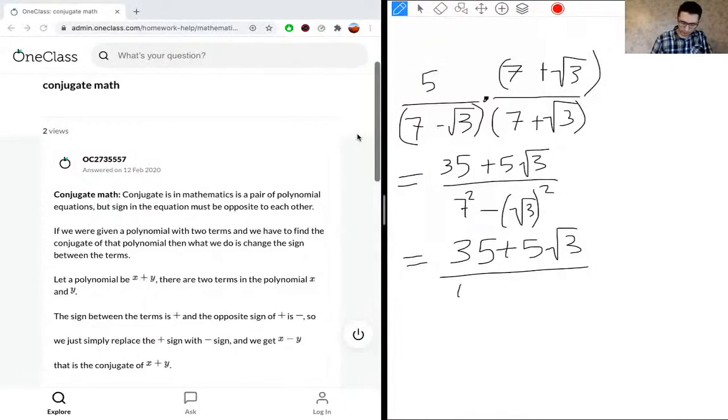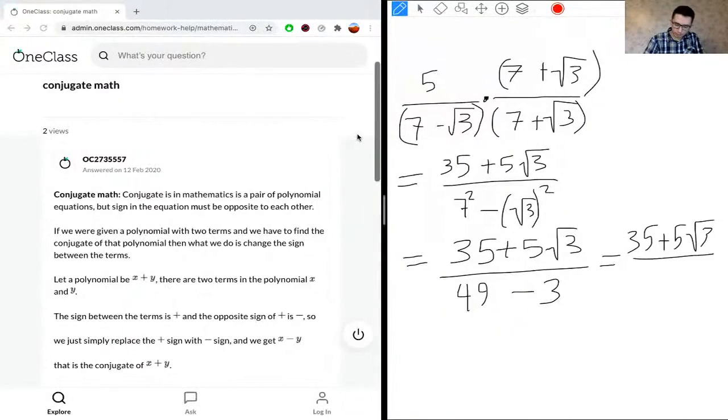And we have 49 minus 3, since square root 3 squared is just 3. And then we end up with 35 plus 5 square root 3 over 46. We've eliminated the square root in the denominator, and we've gotten the final form here. So that's just an example of where conjugate math is useful.